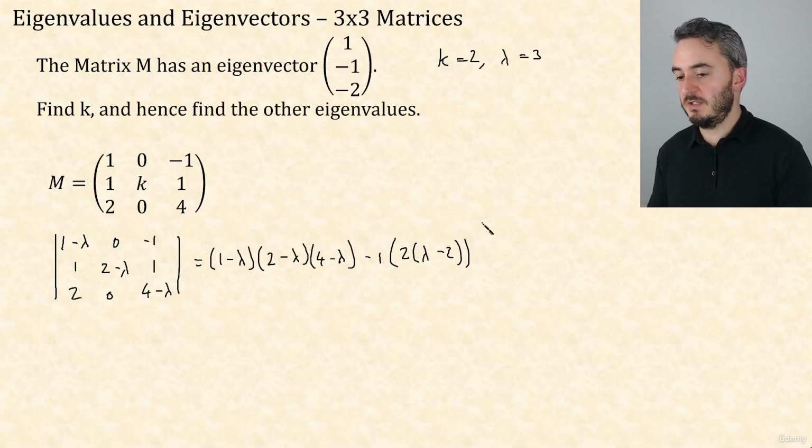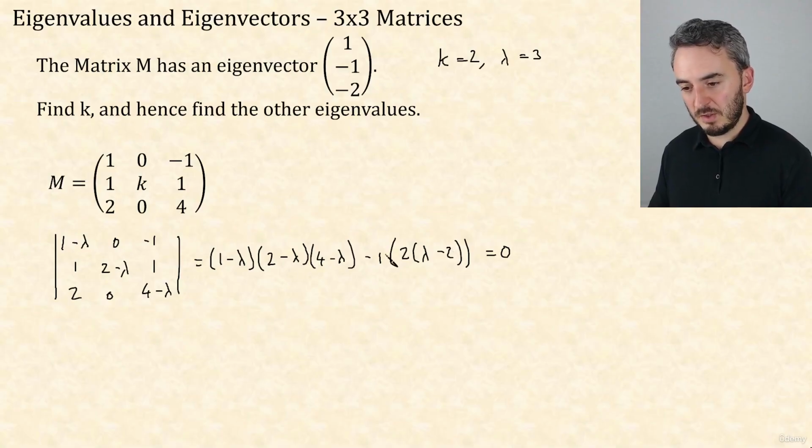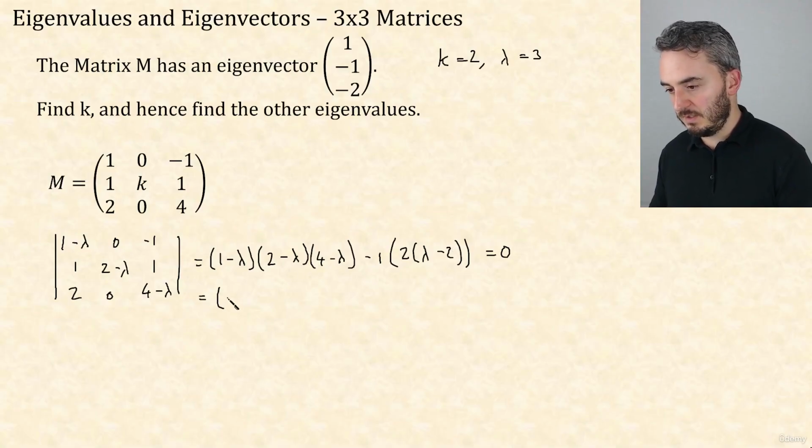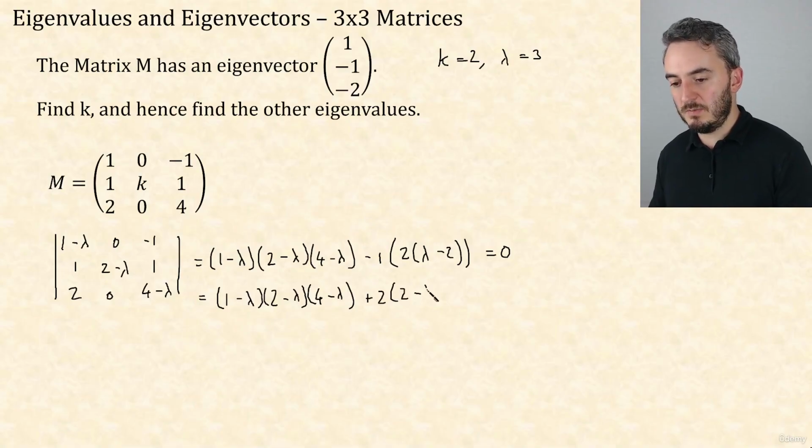Okay, this is actually not even so bad. Don't even need to do algebraic division here, because although I know that lambda equals 3 is a solution, I can see that I've got lambda minus 2 as a factor in both. So let's just write 1 minus lambda, 2 minus lambda, 4 minus lambda, and let's actually flip this back round. So we'll make it plus 2, 2 minus lambda.